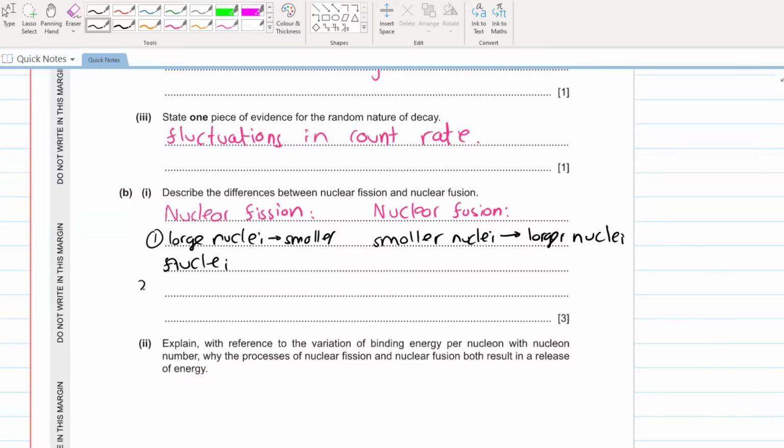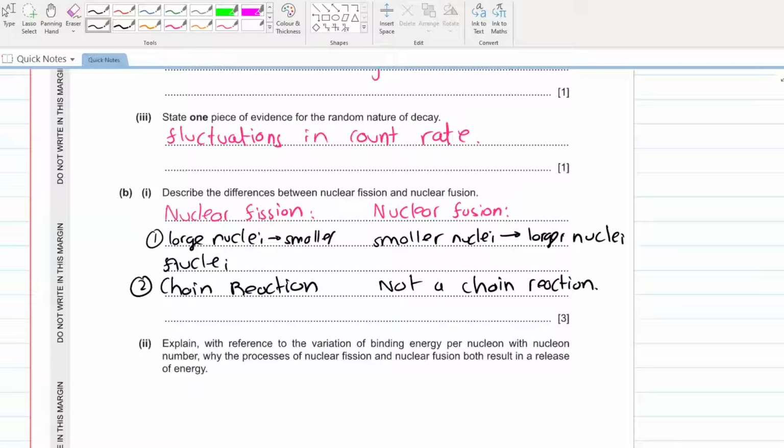Nuclear fission is a chain reaction. Fusion is not a chain reaction. The third difference, let me see in the chart. Do we have any geniuses? Okay, we have written this difference.